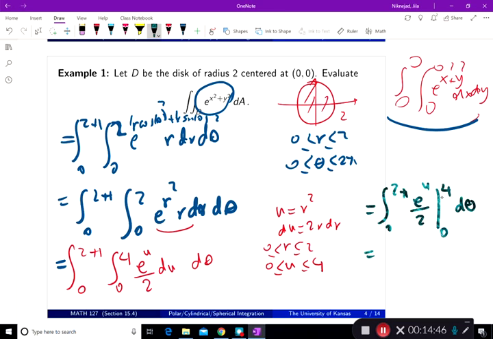And then you end up with 2 pi times e to the power 4 divided by 2 minus 1/2.